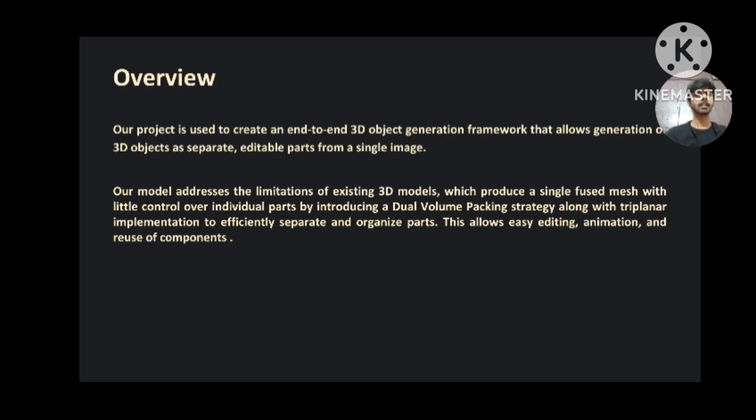And this is how our framework introduces the solution, which is a dual volume packing strategy. We process the geometry not as a single solid but as distinct volumes that can be separated. This allows us to generate 3D objects with editable, semantically meaningful parts in approximately 30 seconds, more or less.